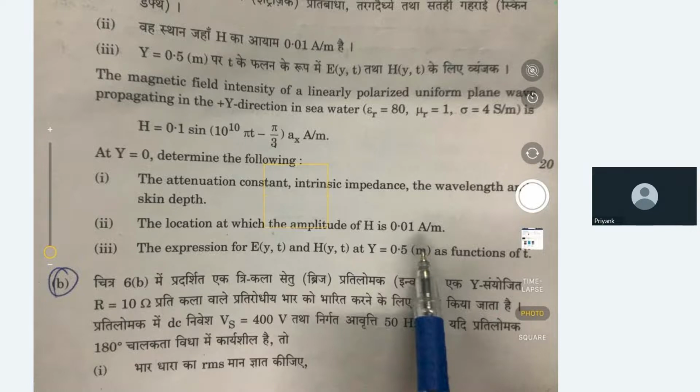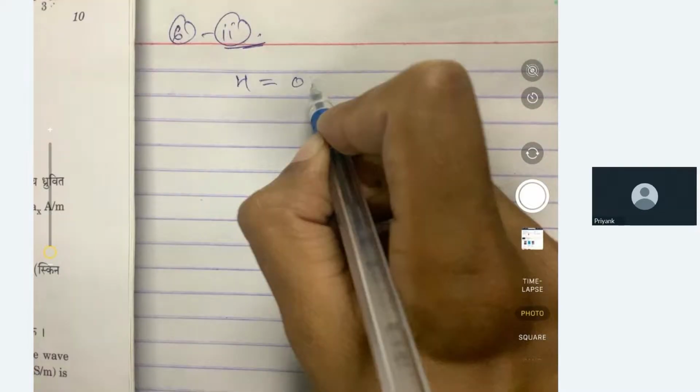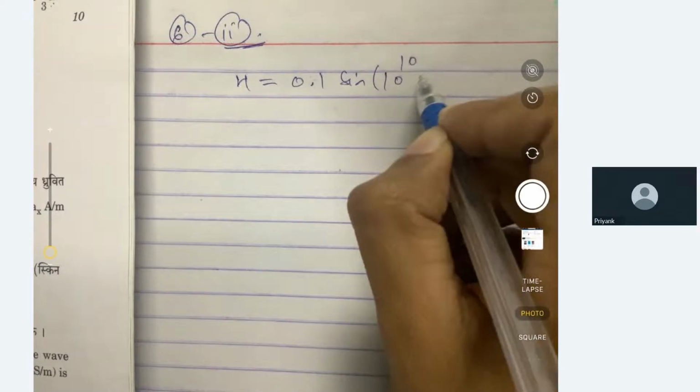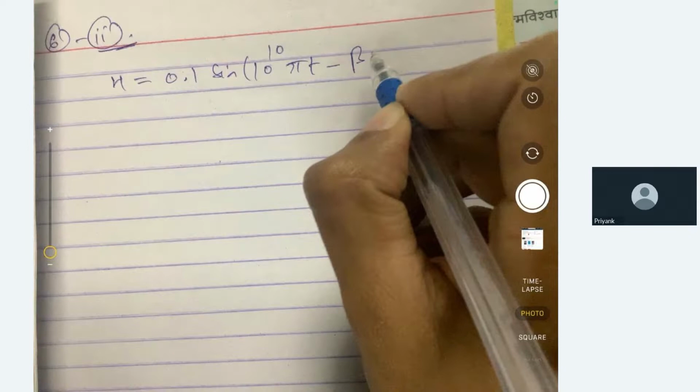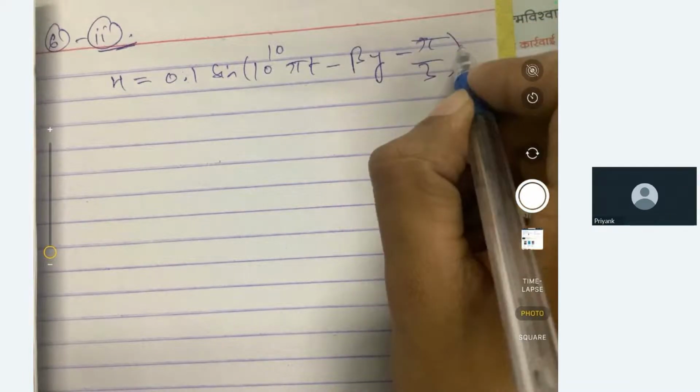H is given as 0.1 sin(10^10 t − βy − π/3). This is traveling in the y direction, so βy minus π/3. This is the equation.